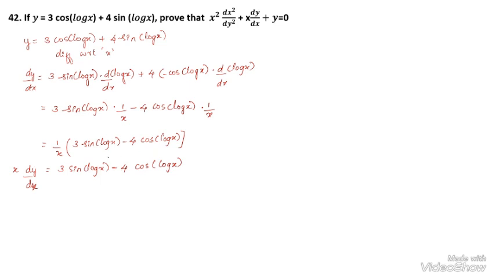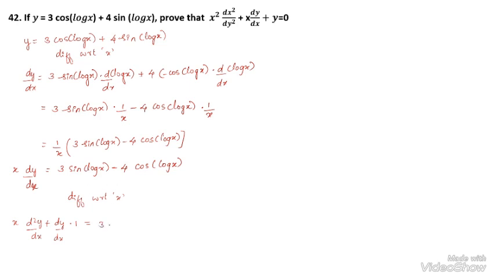Now, I can take again differentiation with respect to x. Here there are two functions, so I can apply the UV rule. First function constant, differentiation of second function, that is x d square y by dx square plus, second function constant, differentiation of x, here dy by dx, is equals to 3.